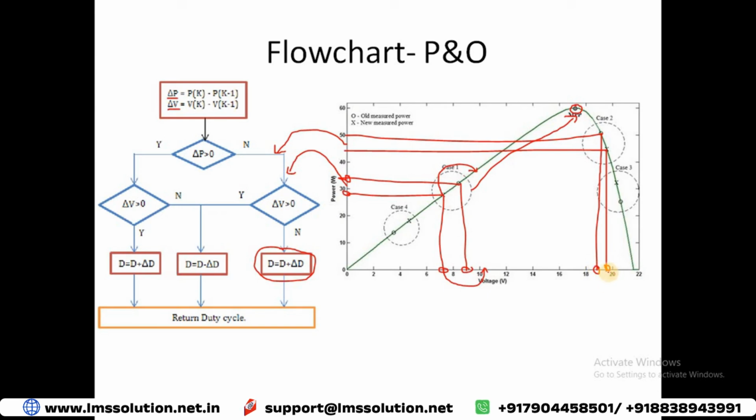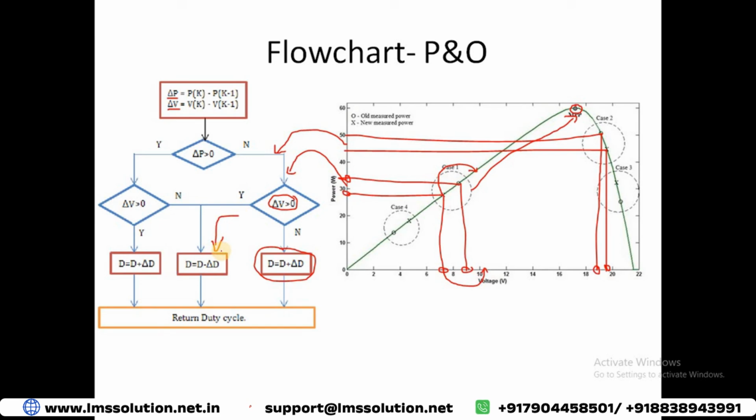The current instant voltage is around 19 volts, and the previous instant voltage is around 18.5 volts. Taking the difference, 19 minus 18.5, the difference is 0.5. The difference in voltage is positive. That means this condition is true. Then you have to decrease the duty cycle.